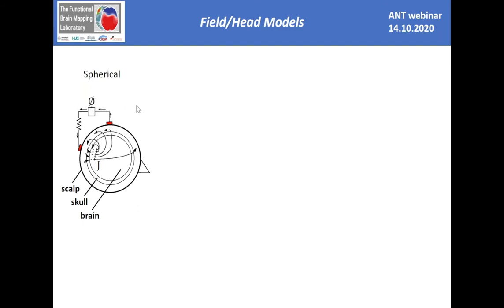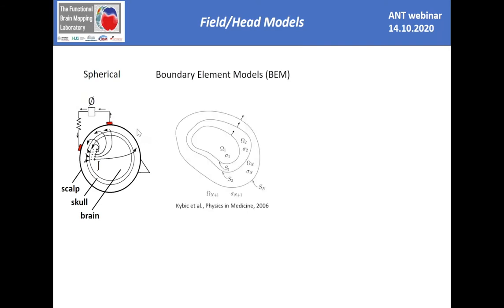That we record with the EEG. So you can do this in this very classical way using spheres. You can use boundary element models where you can move away from the spheres, having individual shapes, right? Because the head is not a sphere. So you can model more complex surfaces that are not necessarily spherical, but the principle is the same.